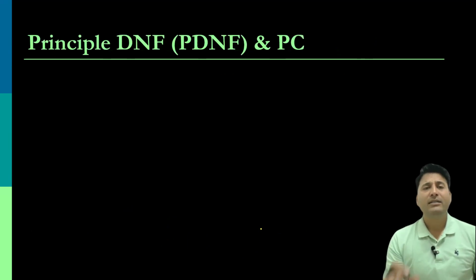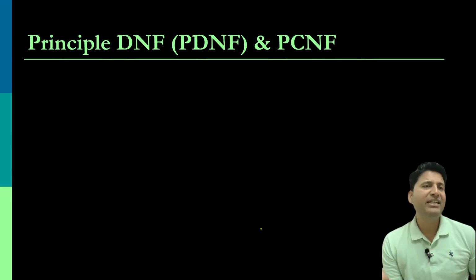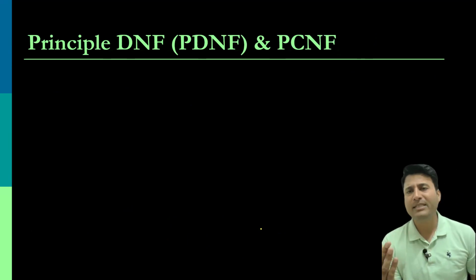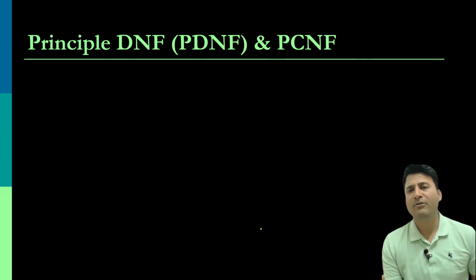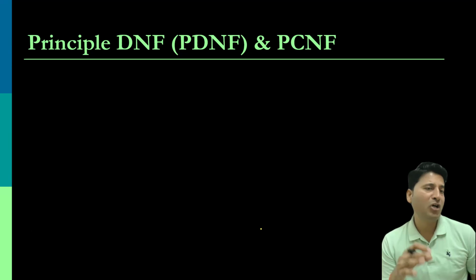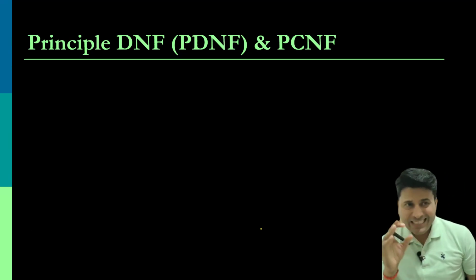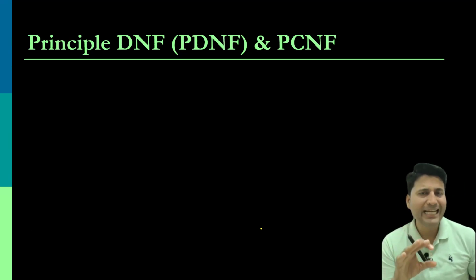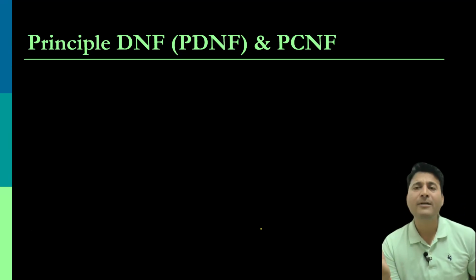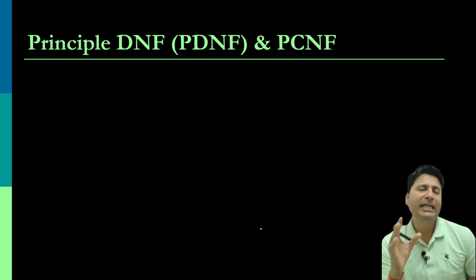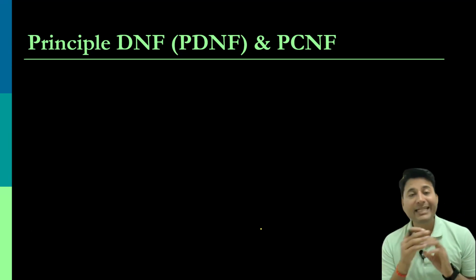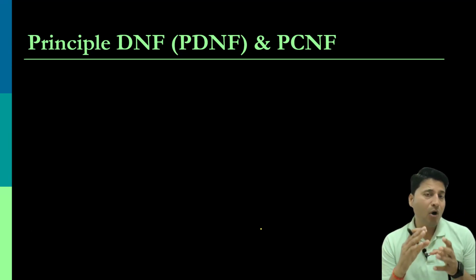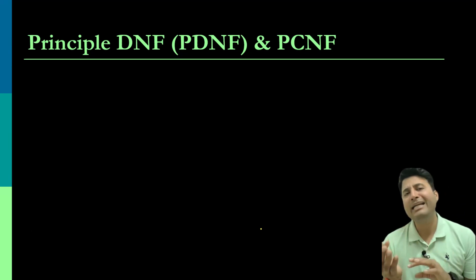Now moving on, the extension of CNF and DNF is what? Principal CNF and principal DNF. Principal disjunctive normal form and principal conjunctive normal form. So the major difference between a PDNF and a DNF, or I can say PCNF and a CNF, is what? In PDNF, in every term, every variable must be there, either in the original form or in its complemented form.